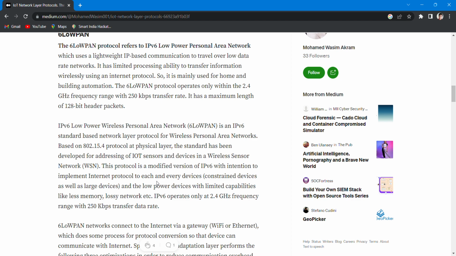It helps to minimize the packet overhead and enable efficient routing in low power and lossy networks, that is LLNs. It achieves this by compressing and fragmenting IPv6 packets as well as using header compression and other techniques to reduce the packet size.